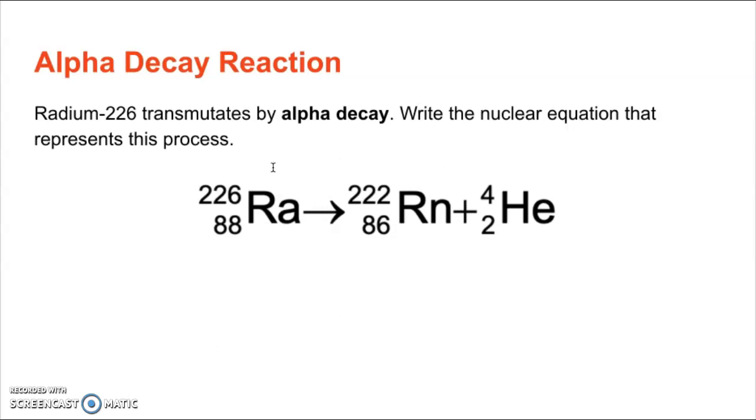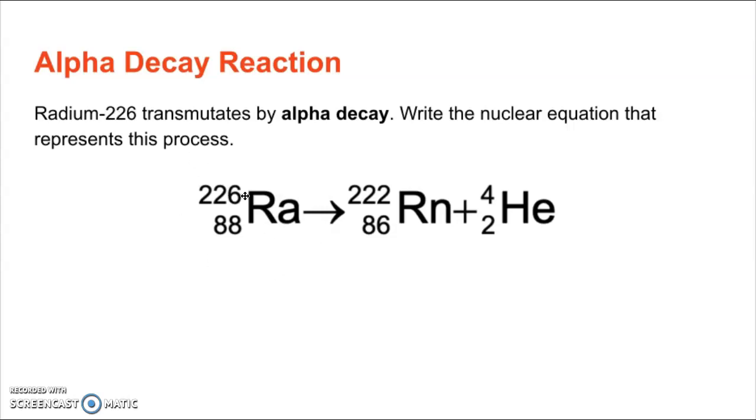If I look at radium-226, I can write that as a nuclear notation by looking up radium on my periodic table, and I find out that my chemical symbol is Ra. When I find Ra on my periodic table, I see that it has an atomic number of 88. And I know my mass number is 226.